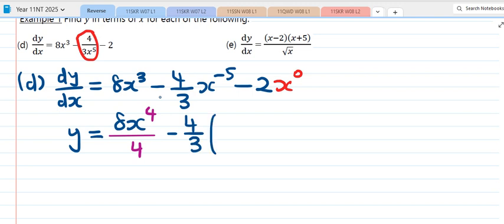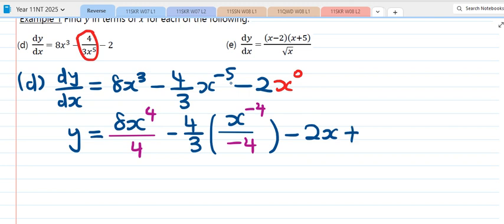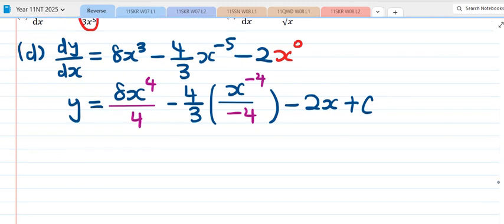Next to it, I will suggest you to write down bracket x to the power of negative 5 plus 1 is negative 4, everything over negative 4, and the 2x to the power of 0 will be 2x to the power of 1, so you can leave it as 2x, and in the end will be plus c. So for this one, therefore, if we try to simplify this, it will be 2x to the power of 4, negative 4 over 3 times negative 1 over 4, the scalar number in front of here.